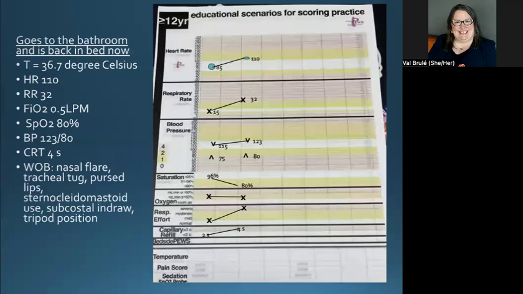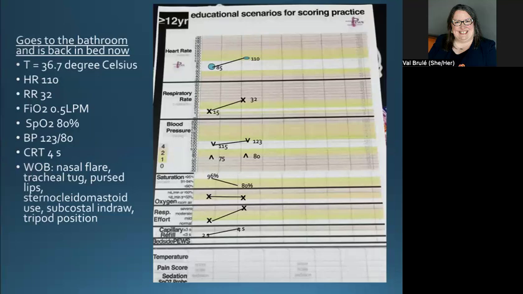Mirabelle now goes to the bathroom and is back in bed, and you've repeated her vital signs. Now you can see that her temperature is 36.7, heart rate 110, respiratory rate 32, oxygen 0.5 liters per minute, saturations are 80%, and blood pressure 123 over 80 with a capillary refill time of 4 seconds.